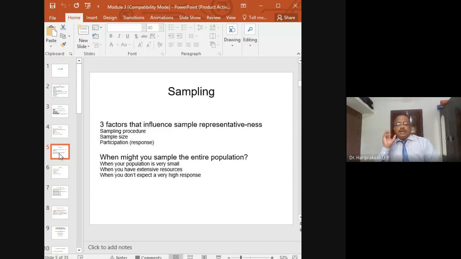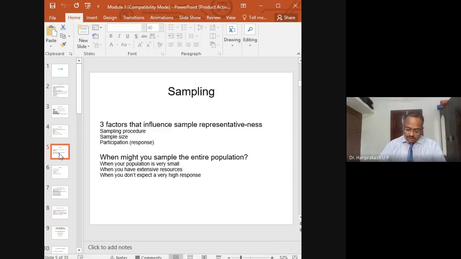If it has all the characteristics of the population, then it is called a representative sample. So how to ensure that these samples have the representativeness? I want to give more clarity on representativeness.